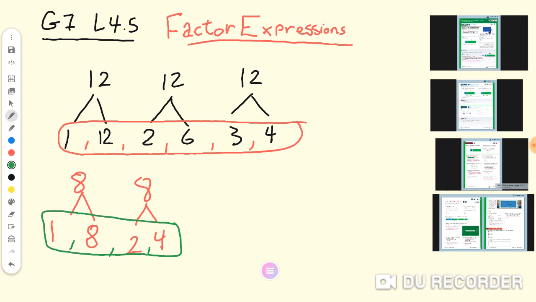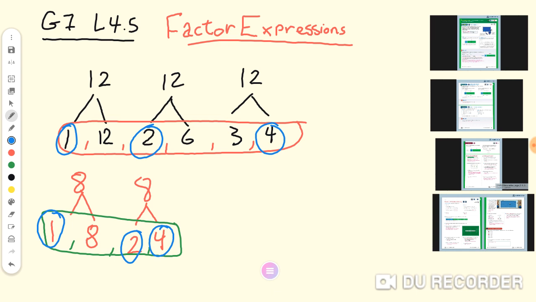The factors of 8 are 1, 8, 2, 4. What are the common factors between 12 and 8? Actually, the common factors are 1, 2, and 4. That's it. These are the common factors between 8 and 12.